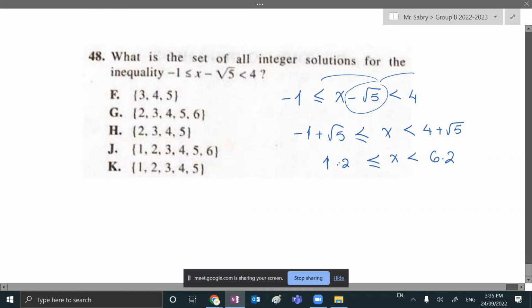I need to be bigger than 1.2, so I can't take the 1. So I'll start from 2 up until the 6 exactly, and the 6 is included because it's right below the 6.2. So I have choice G as the correct choice, from 2 to 6. Does that make sense, everyone?